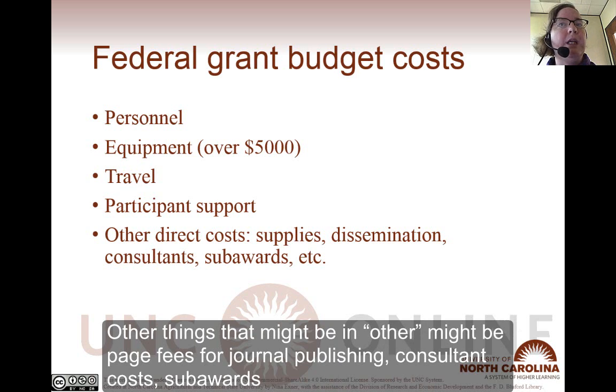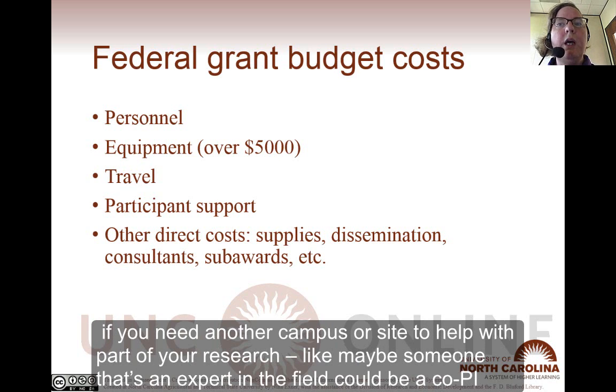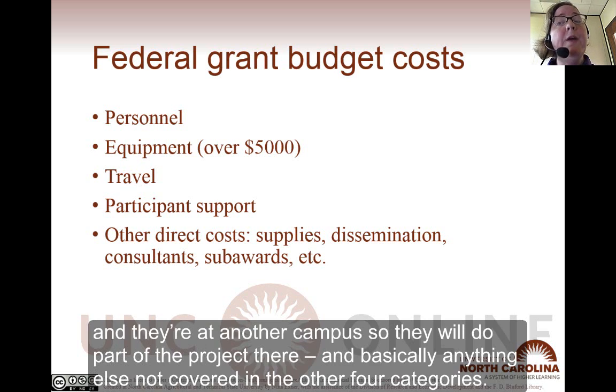Other things that might be in other would be page fees for journal publishing, consultant costs, subawards if you need another campus or site to help with part of your research. Like maybe someone that's an expert in the field could be a co-PI and they're at another campus, so they'll do part of the project there. Basically anything else not covered in the other 4 categories.